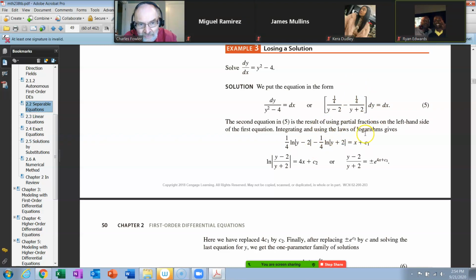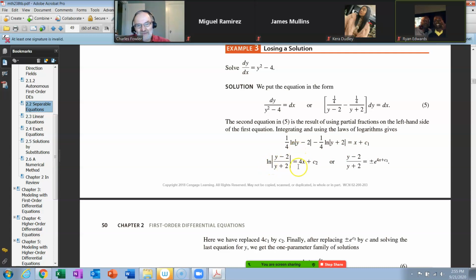Integrating and using the rules of logarithms gives you this, and that's equal to x plus c1. They call it c1, I just call it c. Then multiply both sides by 4, and that gives you a c2, because 4 times c1 is still a constant, so they call it c2.